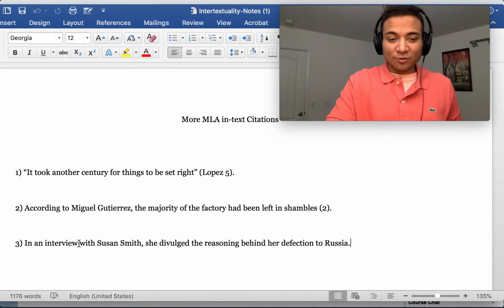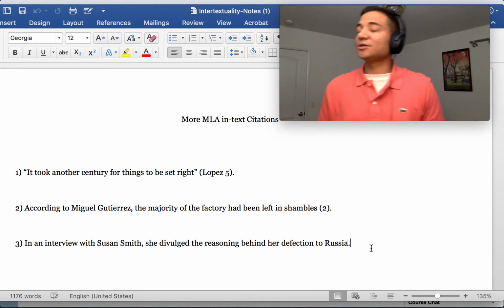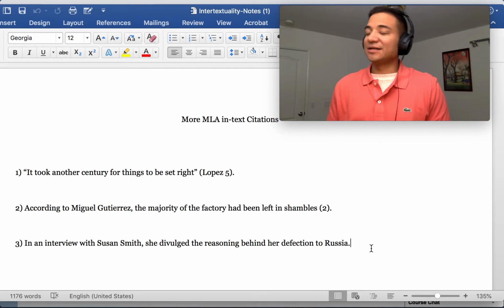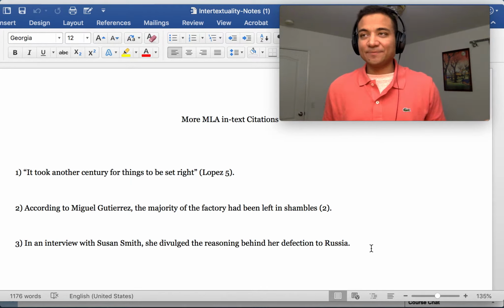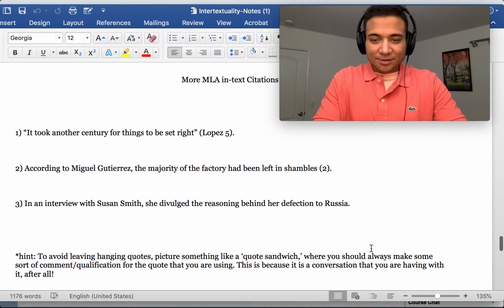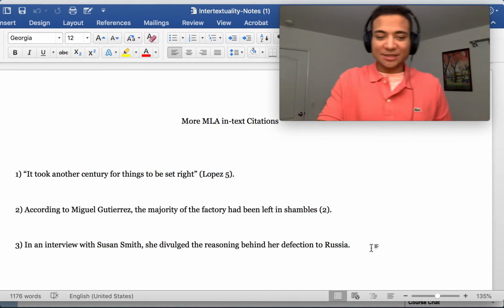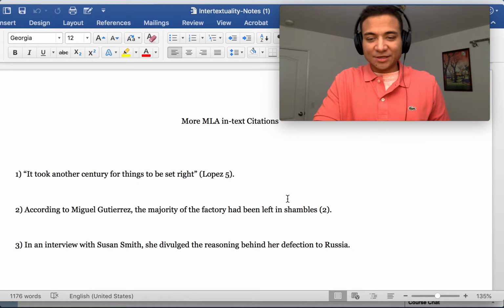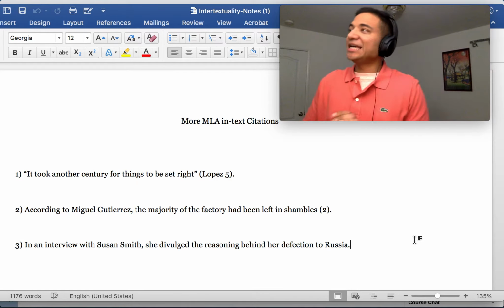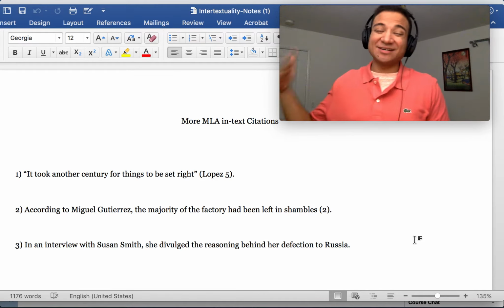And when we said an interview, for the in-text citation, you don't have to say necessarily what minute it's found in. You could say that in your works cited page. But see, we avoided redundancy. We didn't say Smith, Gutierrez here, because in the same sentence we say the author's last name. So if in the same sentence we say the author's last name, there's no need to tag it with the same last name again at the end.